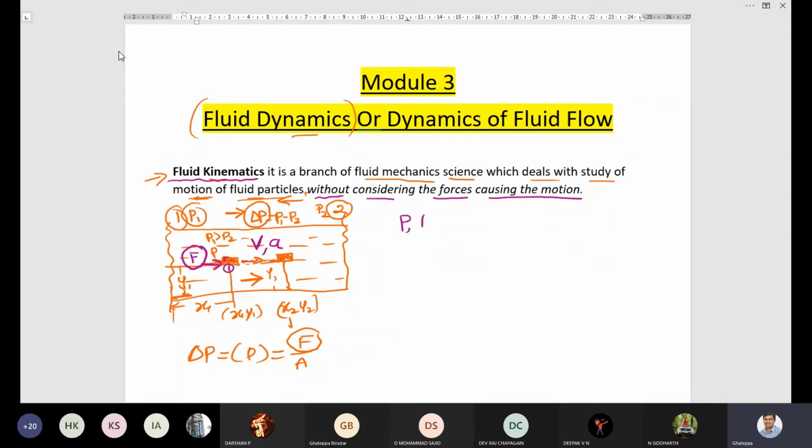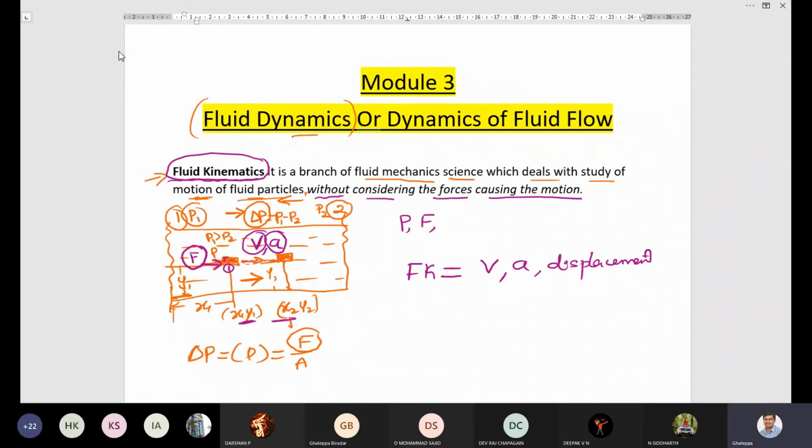In fluid kinematics, we discuss only the change in properties of the fluid, that is velocity, acceleration, and space coordinates or displacement.